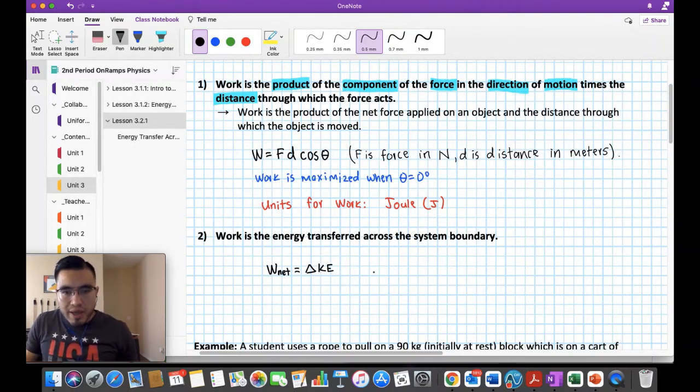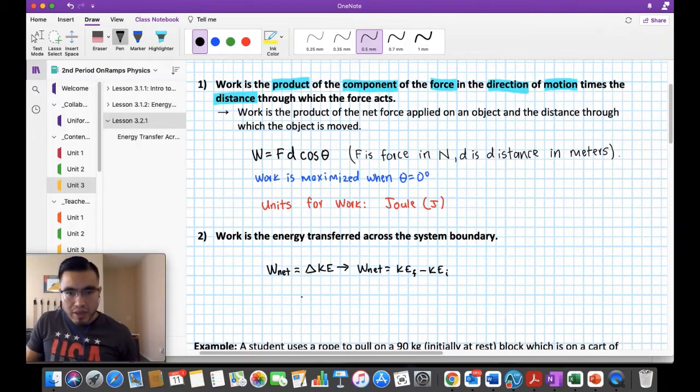And hopefully you remember what delta means, right? Final minus initial, the change. So we can say that the net work equals kinetic energy final minus kinetic energy initial. That is the net work, the change in kinetic energy.